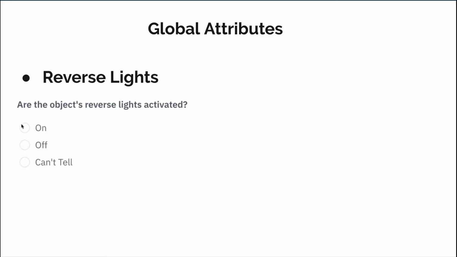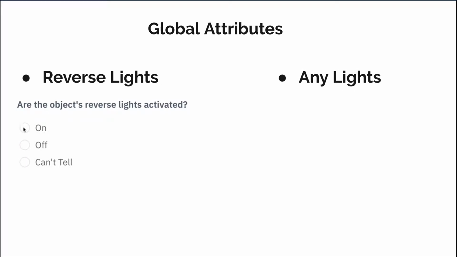If there's just one single frame where we see the reverse lights on, then on will be selected on all frames. In the frame where we see the reverse lights activated, when we select on for that frame, it'll set all the frames to on.